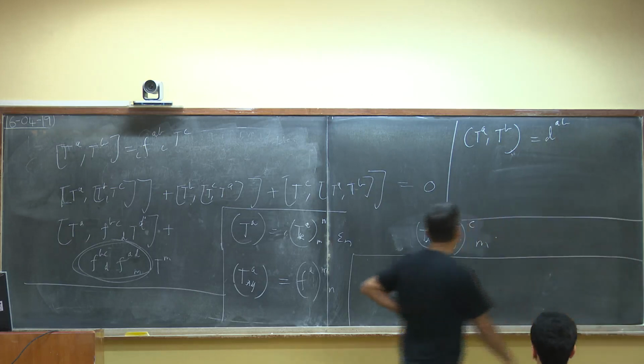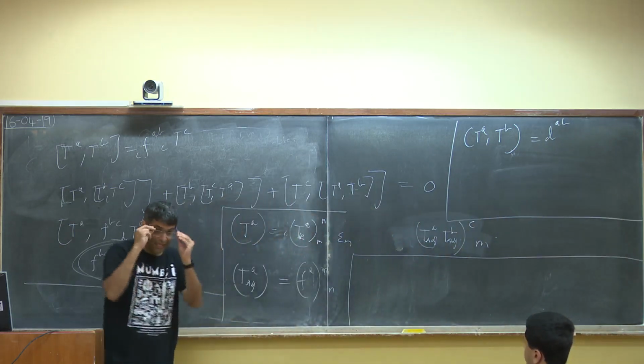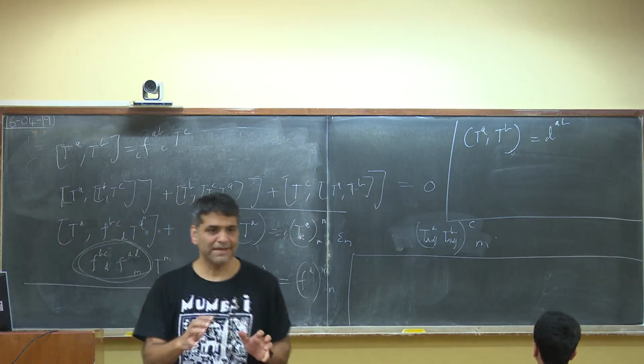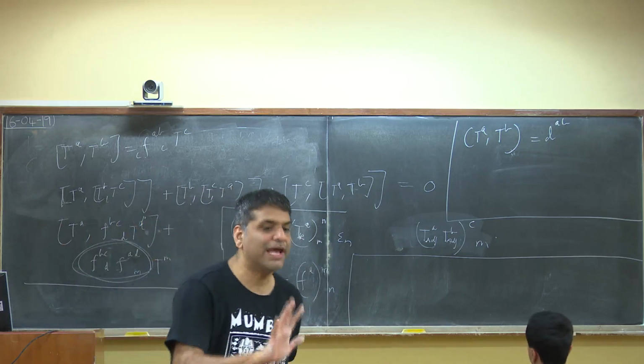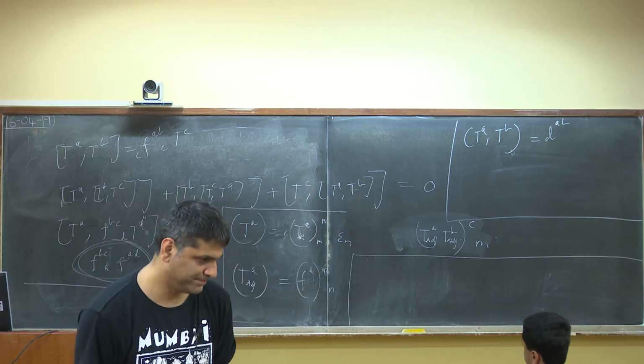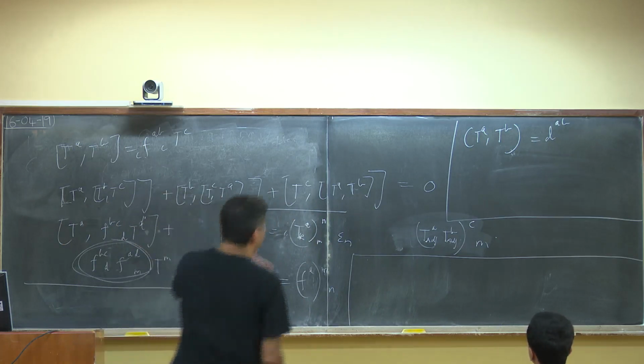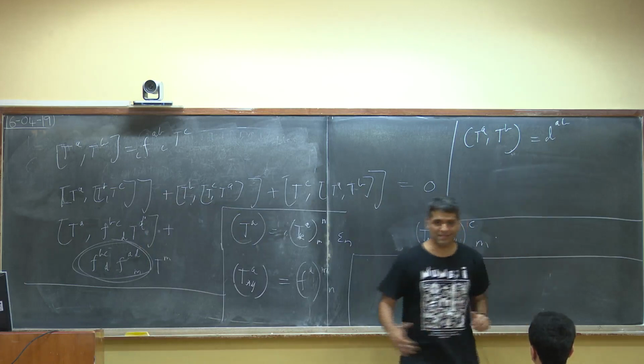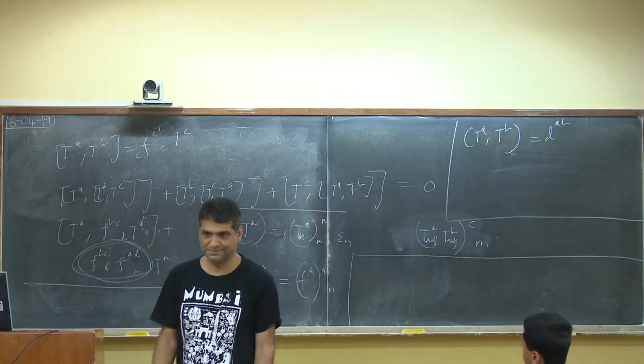Now, this norm is going to be defined so that it's invariant under group action. That is, if I take my T's and rotate them by adjoint action, then the new rotated T's have the same inner product as the old T's.